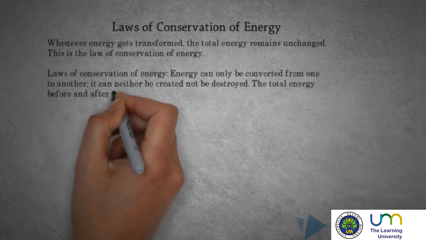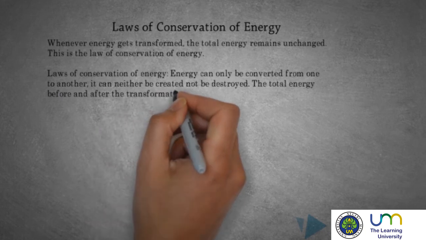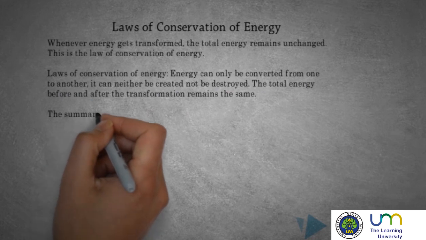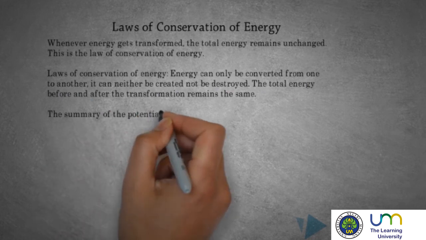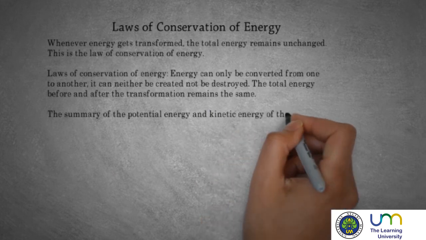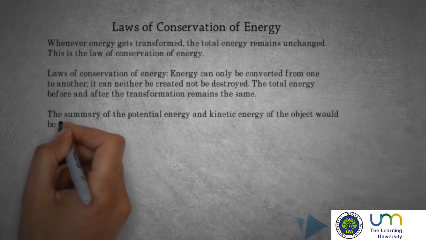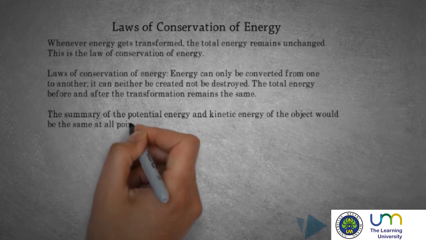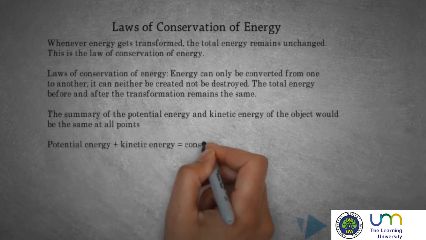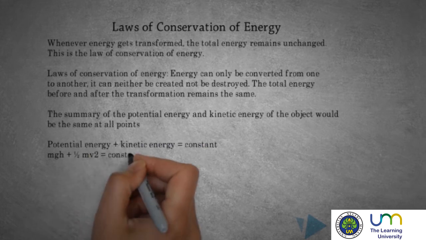The sum of the potential energy and kinetic energy of the object would be the same at all points. Potential energy plus kinetic energy is equal to a constant. The sum of kinetic energy and potential energy of an object is the total mechanical energy.